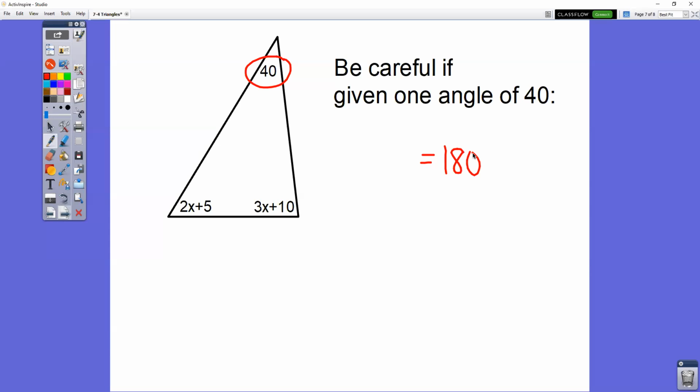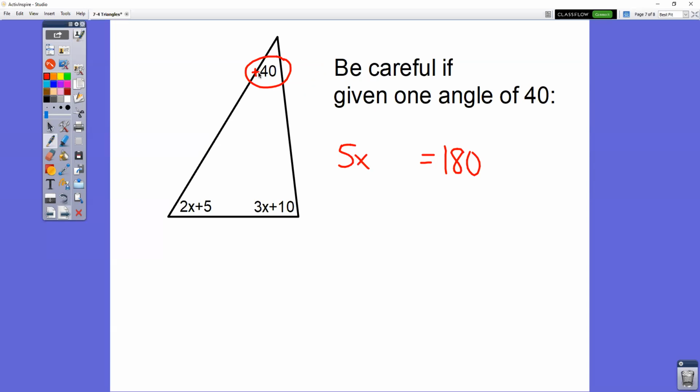We have a 2x and a 3x. That gives you 5x. Here's the tricky part. When you go to add together your 5 and your 10, that's 15. This angle counts as a plus 40. It's a positive 40-degree angle, so that counts as a plus 40 when you go to set up your equation.